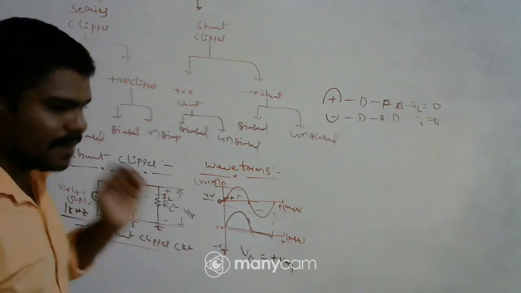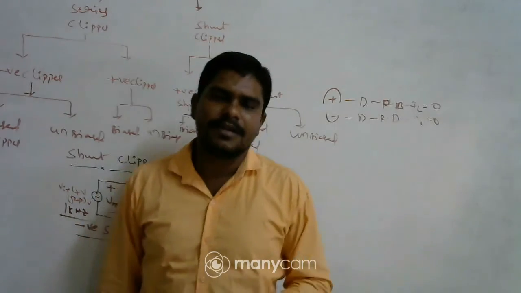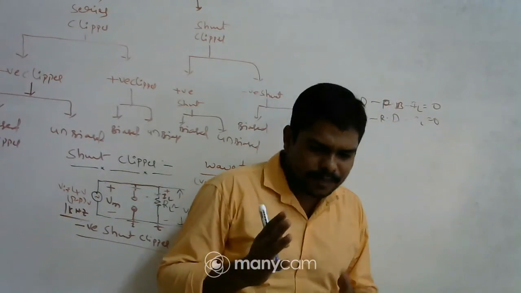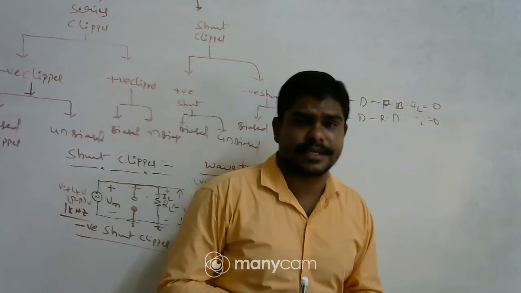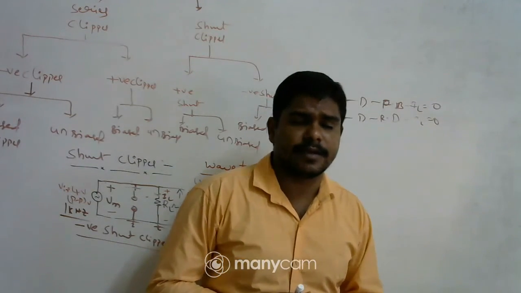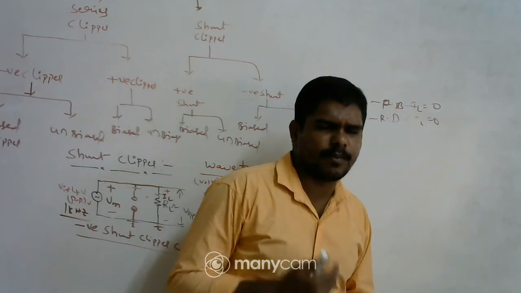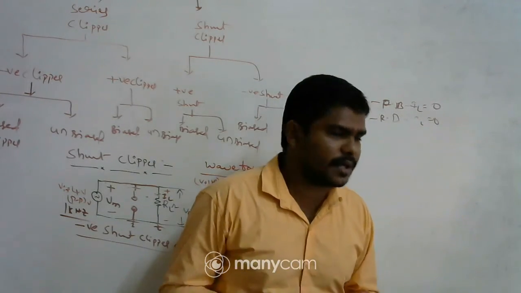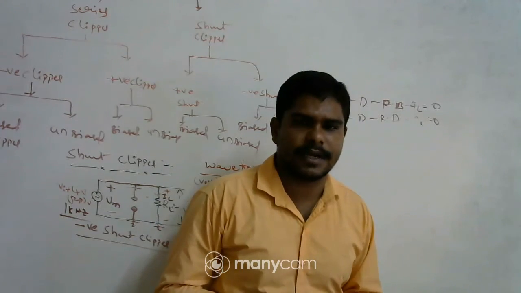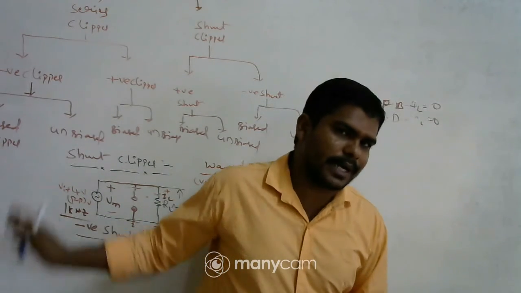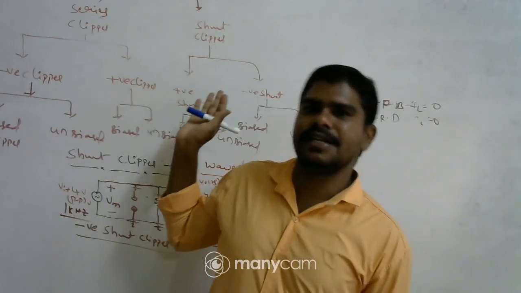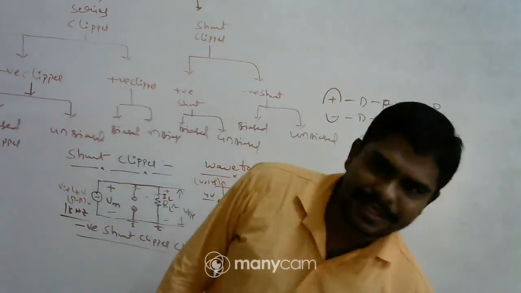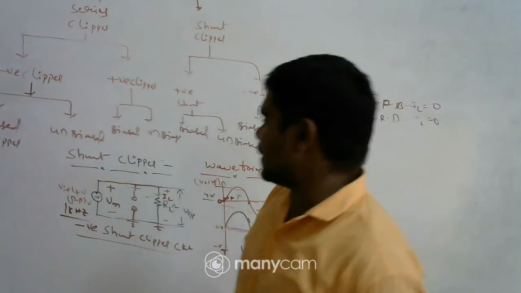But in some applications, we need to remove only a certain portion of the signal, whether the positive half cycle or the negative half cycle. At that moment I can use biased series or shunt clipper circuits.